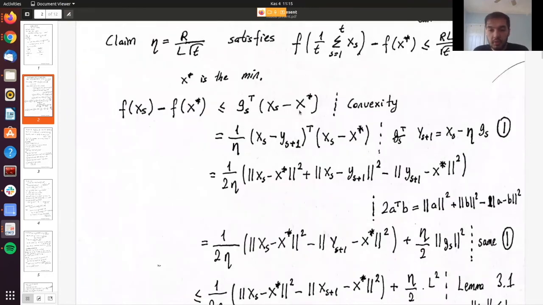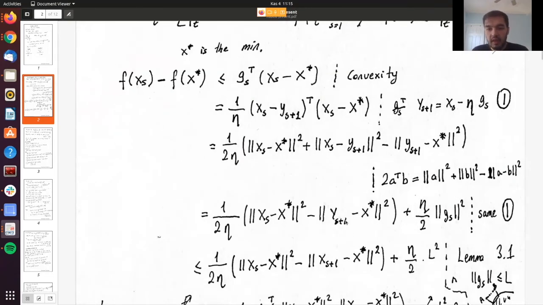Because we are doing constrained optimization, we need to stay in our convex set through the projection. So there's a y_{t+1} here.